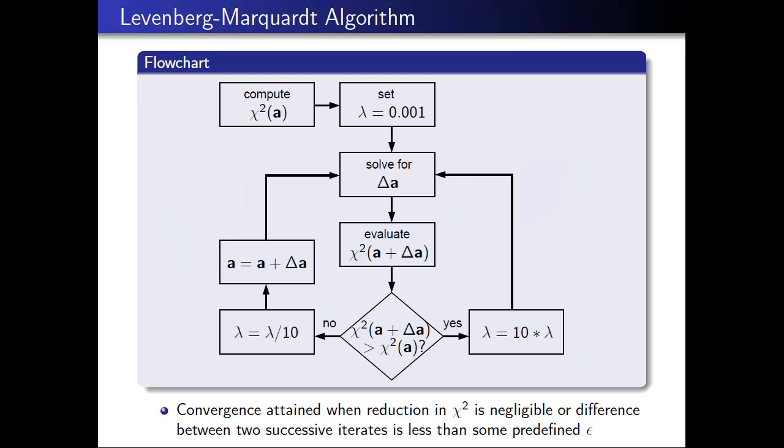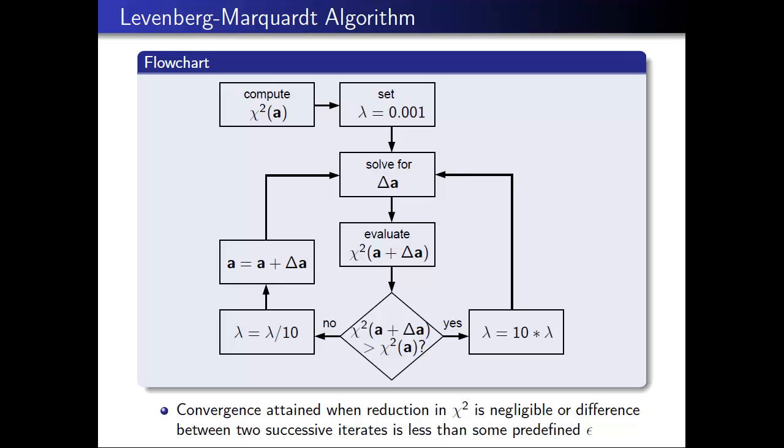The way this works is that you pick an initial guess. This is a value I've used in the past, but you could start with a smaller lambda. You start with this value. You determine what your delta A is, given this lambda value. You evaluate what the chi-squared is at that delta A. If the new chi-squared is greater than the one that you started with, then you multiply your lambda by a factor of 10 and you repeat.